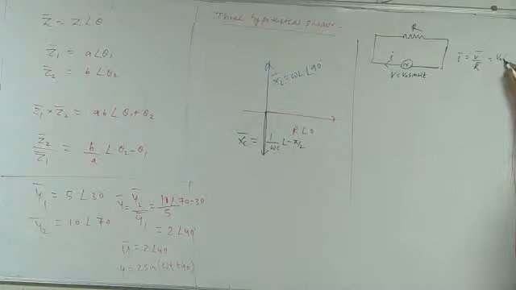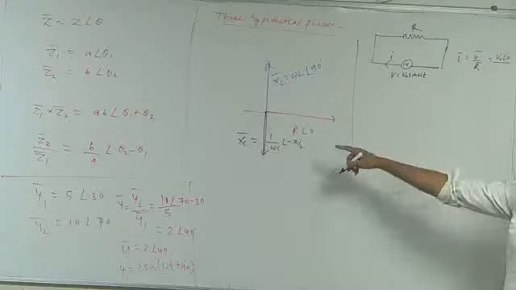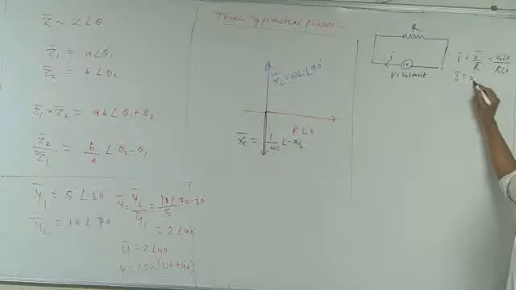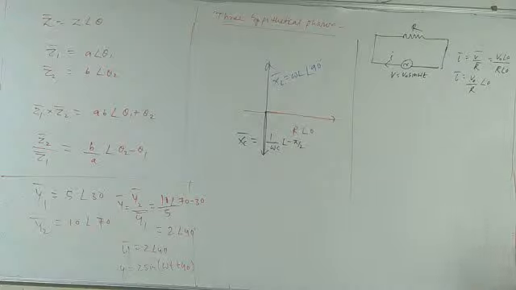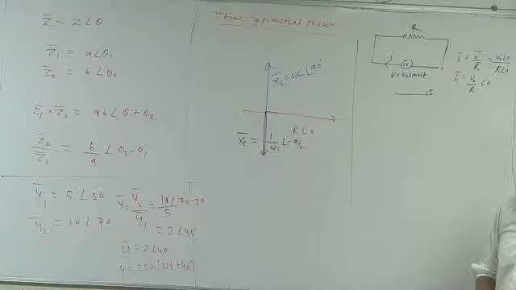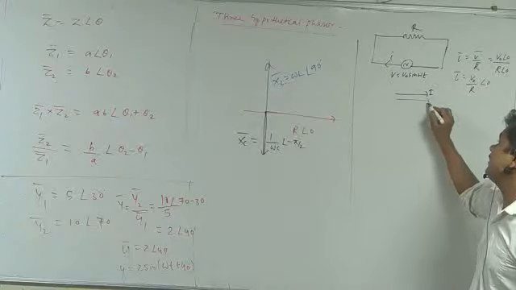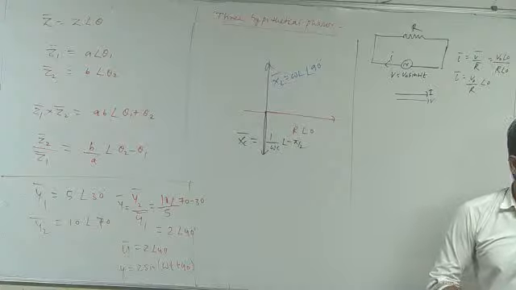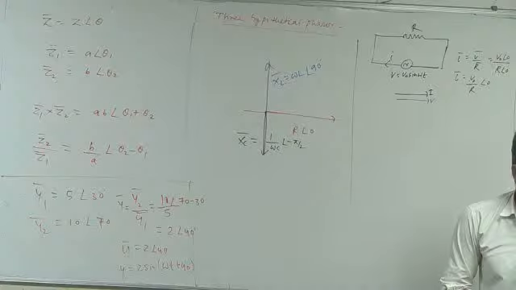V naught angle 0 degree. What is R phasor? We have assumed R angle 0 degree. What value do we get here? V naught by R angle 0 degree. That means this is our current, and the voltage phasor will also be exactly in the same direction. Is that clear? Current and voltage are in the same phase, that we have studied.